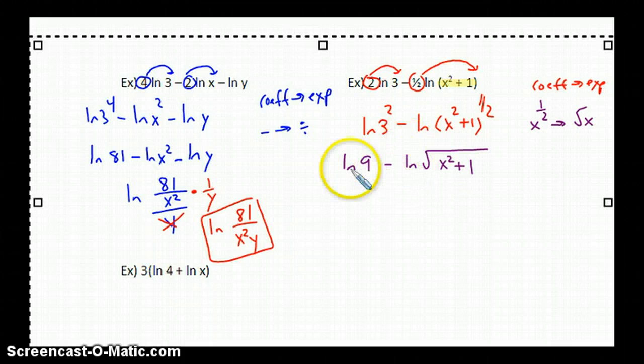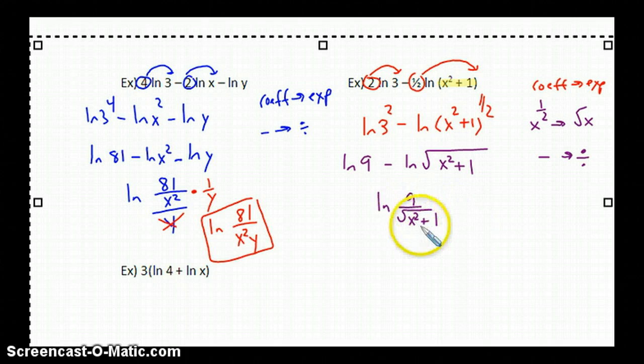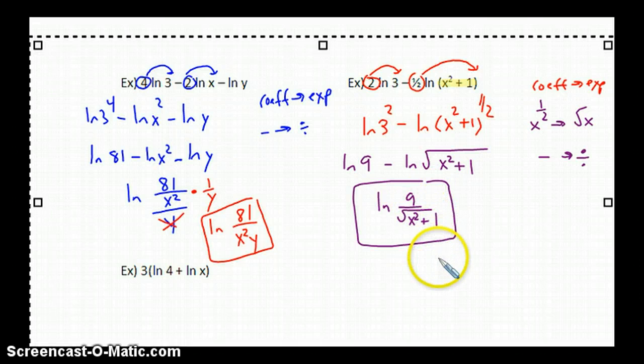Now you can consolidate the two logs that you're subtracting, change your subtraction into division. So natural log of 9 divided by the square root of x squared plus 1. Now for what we're doing, we're going to leave this radical in the denominator. We're not going to rationalize that. So we would leave our answer as a natural log of 9 over the square root of x squared plus 1.